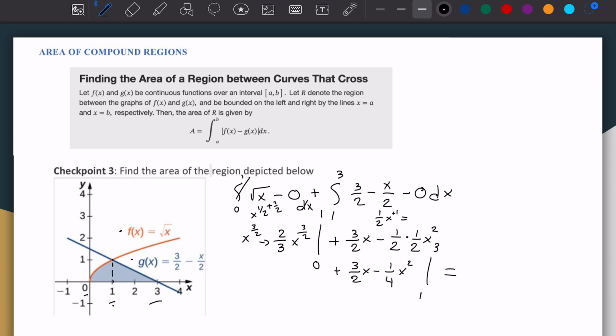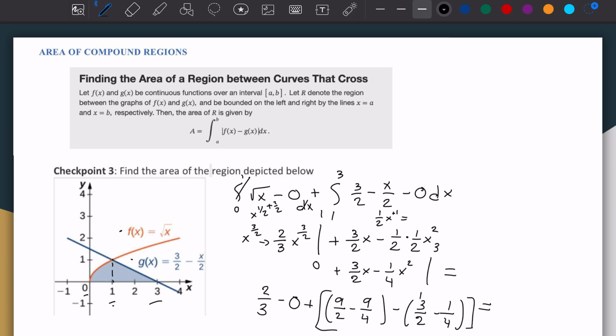So then it's just going to be 2 over 3 minus 0 plus, over here, it's going to be 9 over 2 minus 9 over 4 minus 3 over 2 minus 1 over 4.